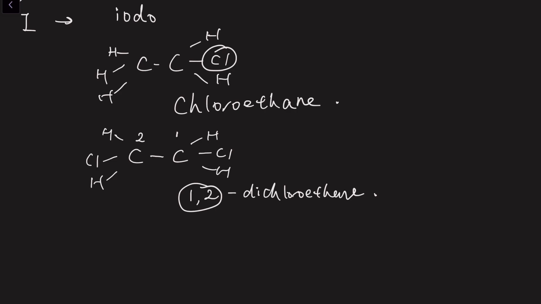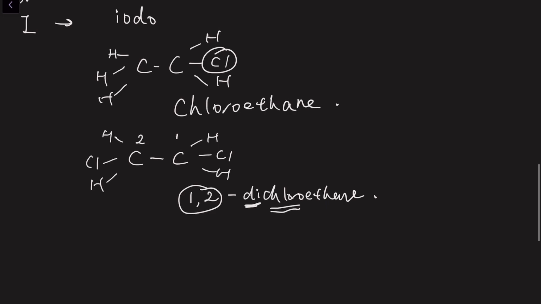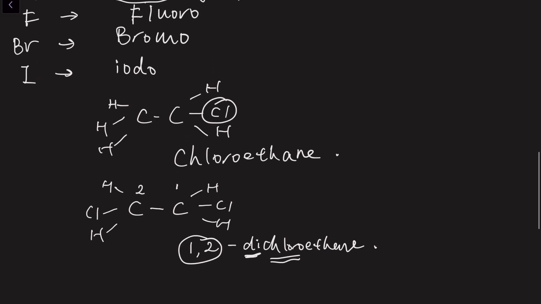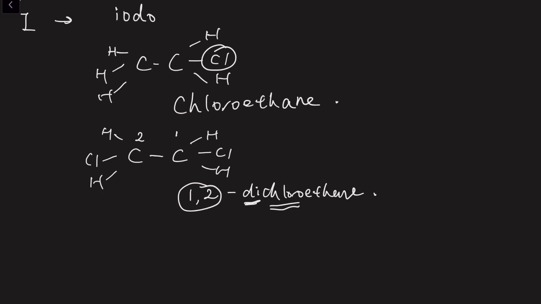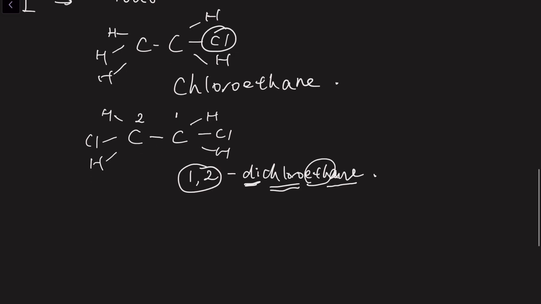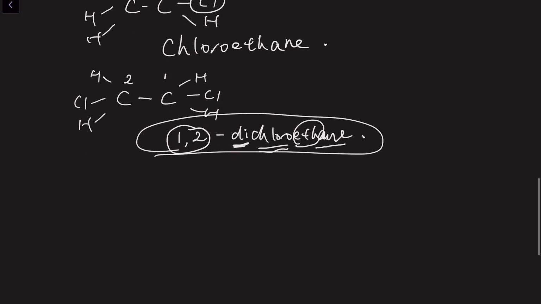And di means we have 2 chlorine atoms present. And chloro means we have chlorine atoms rather than fluorine or bromine atoms replacing the hydrogen. And the eth means we have 2 carbons in our main carbon chain. And the suffix ane means we only have carbon to carbon single bonds. So that's how you decipher the name of organic chemicals.